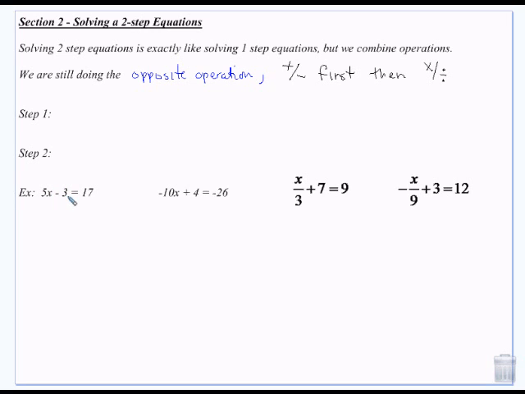Okay, here. They multiplied and then subtracted. If we were doing order of operations, if there was a number here, we would have to do the 5 times whatever that number was first and then subtract the 3. So if we're undoing it, step 1 is going to be to add or subtract. So I'm undoing this, so they subtracted, so I'm going to add.